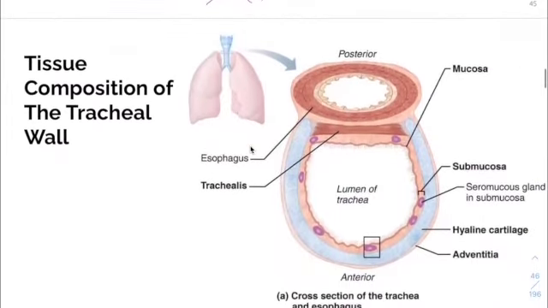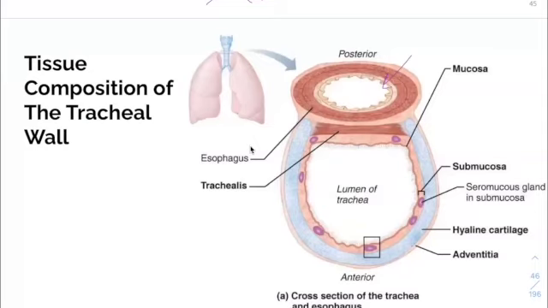So here is our trachea. The trachea is in the front, just to kind of show direction of where it sits. The esophagus that we swallow our food in is behind the trachea.